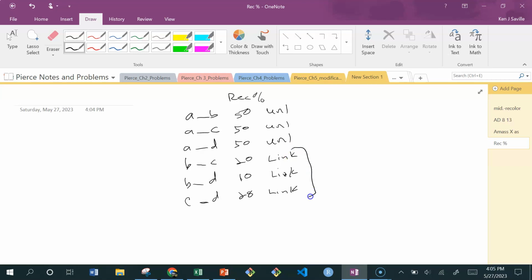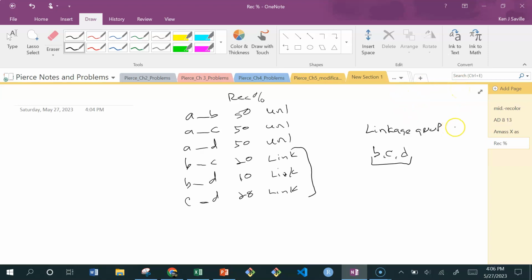These guys are all linked together. So B, C, and D are all together in what we call a linkage group. And A is not linked to any of these guys. So A is kind of off by itself in its own linkage group.